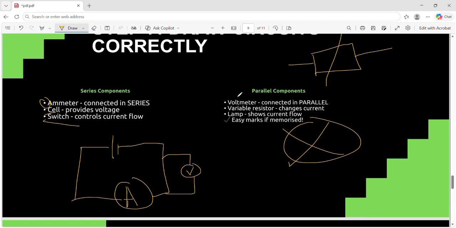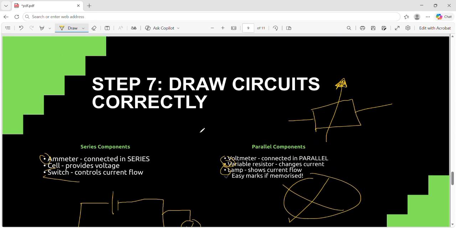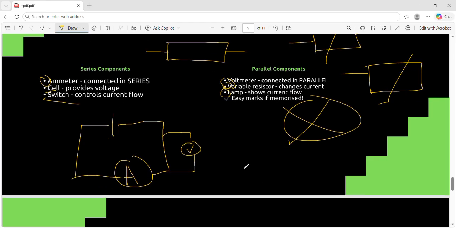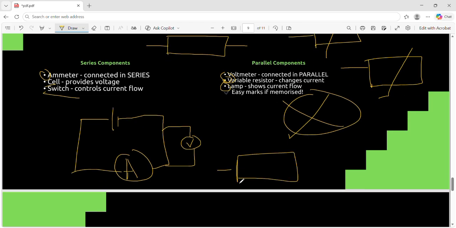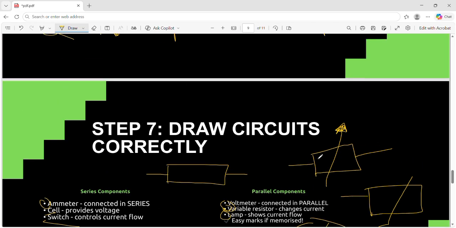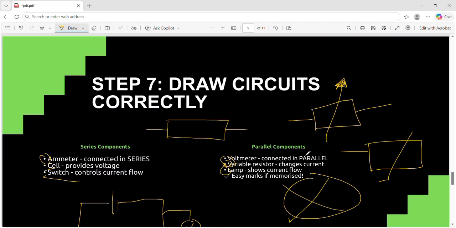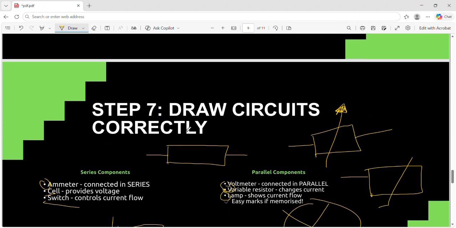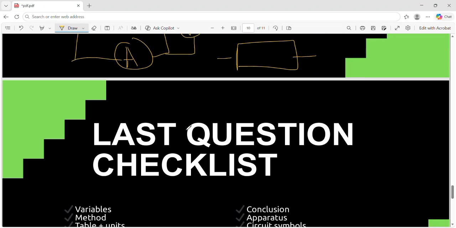It's mostly ammeter, voltmeter, variable resistors, lamp, maybe just a normal fixed resistor. Maybe even a thermistor, which is like this, or maybe even a potential divider. So you just have to draw all of this. Just memorize the circuits. I have made a video on it, so you should check that out as well.